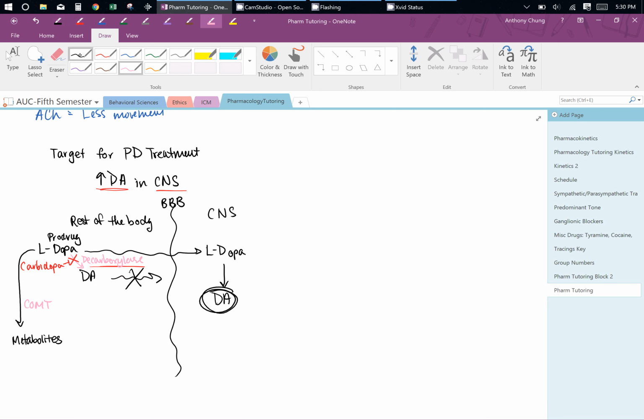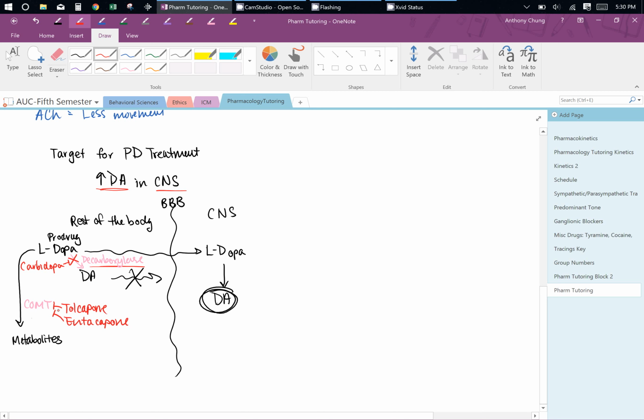Okay, so you guys learned about tolcapone and entacapone. Those two drugs will inhibit this COMT.